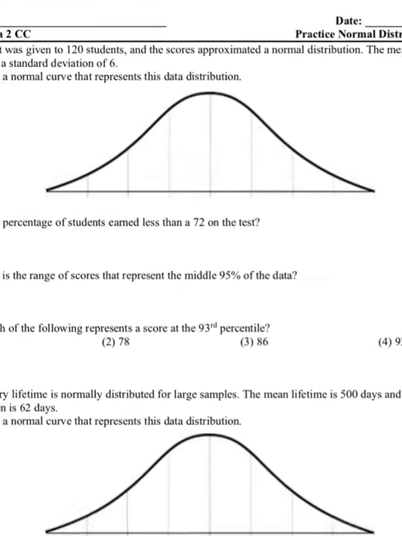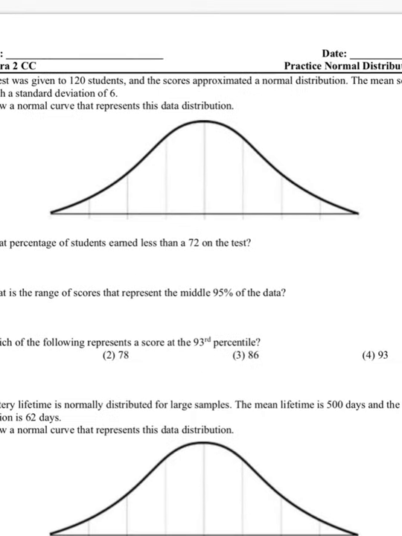So for number 1, this is what you're going to do. The middle part here, this is your mean. Then we are going to go 1 standard deviation, 2 standard deviations, 3 standard deviations positively, and we're going to do the same thing going the opposite way.